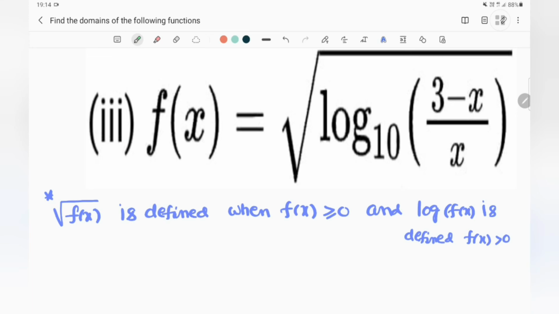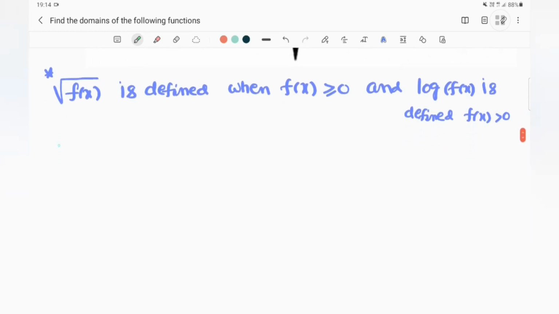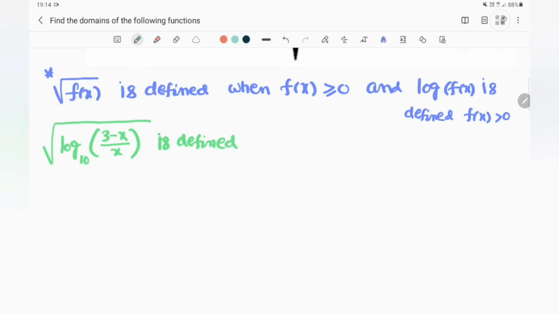So first, root over log of 3 minus x by x to the base 10 is defined when log of 3 minus x by x to the base 10 is greater than or equal to 0, and log of, and what is f of x here?